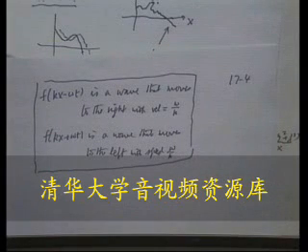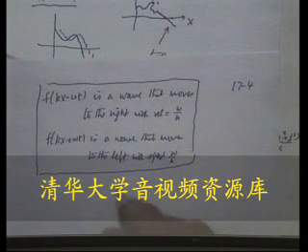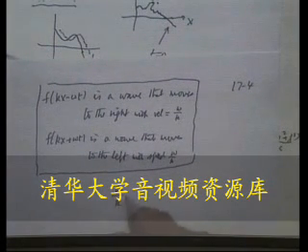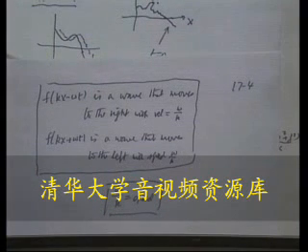Speed is only the absolute value, so now there is an important formula: omega over k is equal to the speed. Left or right depends on whether it's kx minus omega t or kx plus omega t.